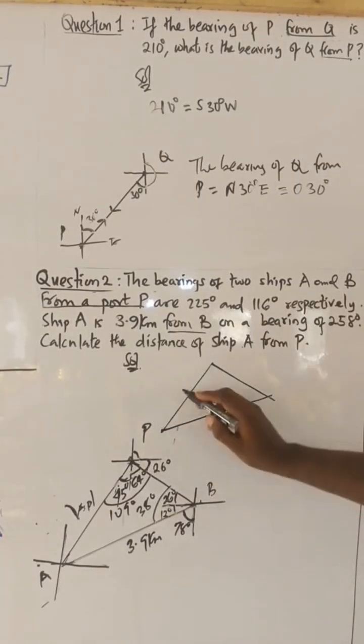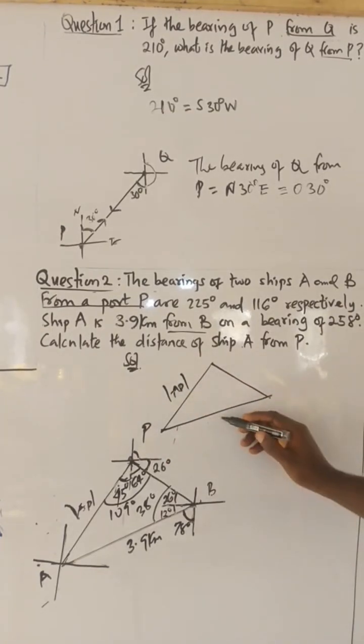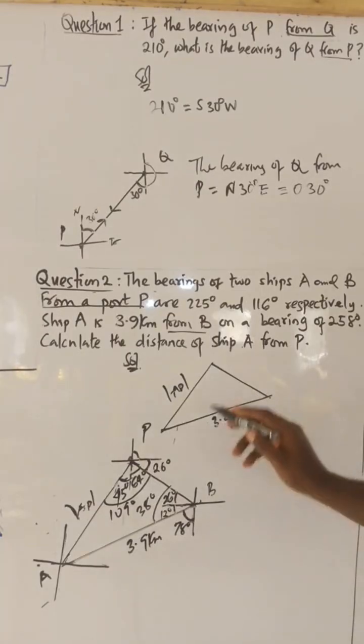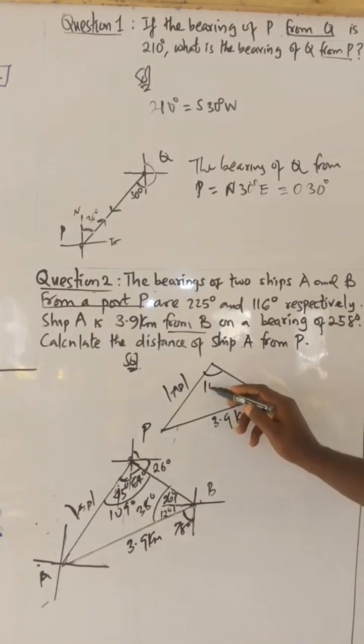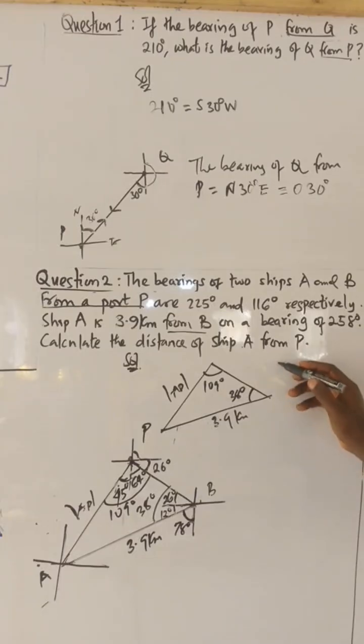We are looking for this side AP. We have this side 3.9 kilometers. We know the whole of this angle to be 109. And we know the whole of this angle to be what? 38. So this time around we apply what? Sine rule. So we do AP over sine 38 equals 3.9 over sine 109.